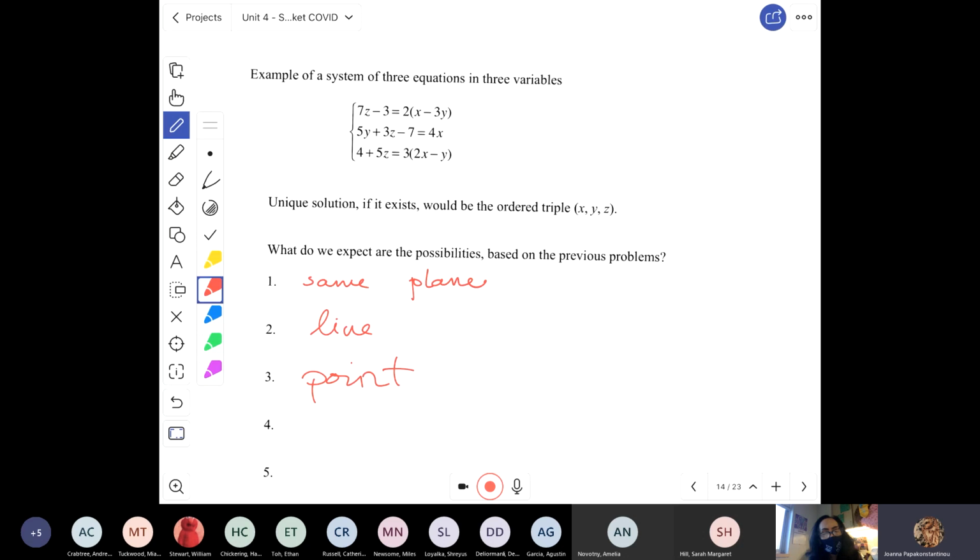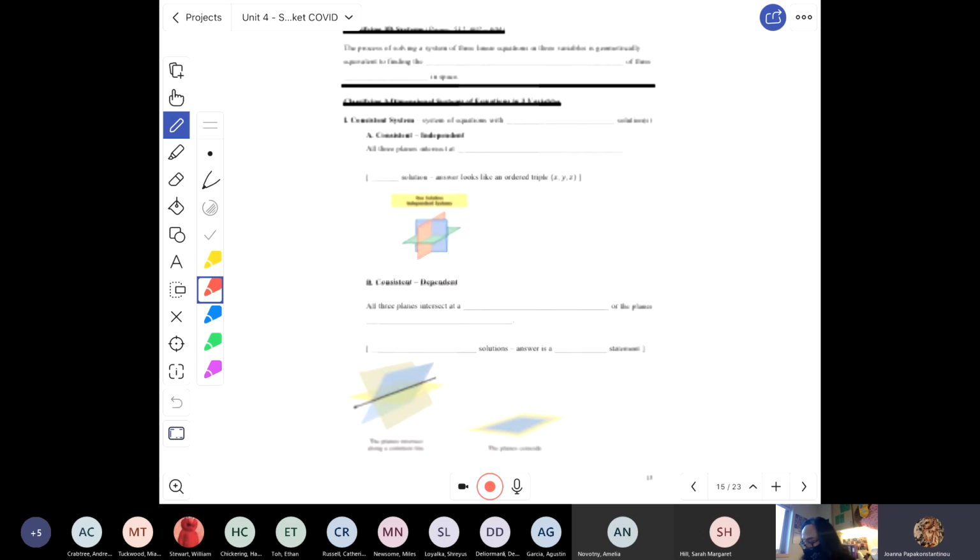But I wonder what those other 2 options are. There could be no intersection, right? Or in beautiful cases, we can look at all of 3 space as being a solution set. And we'll talk about these, but these are the possibilities that we can work with.